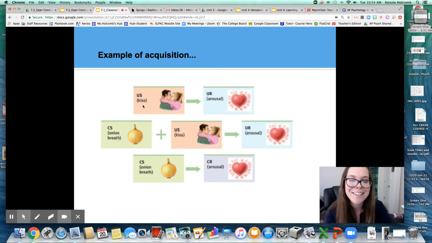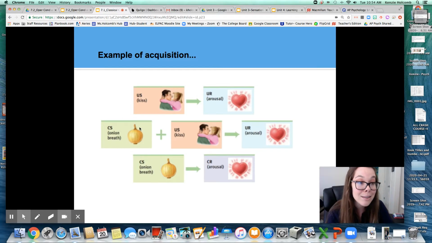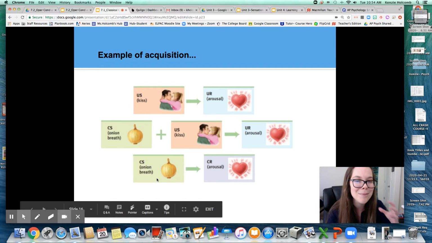But let's add in onion breath to our kiss, and there's still arousal, right? So we're connecting the neutral stimulus of the onion breath. So technically, while in the conditioning phase, this would be a neutral stimulus, right? With the unconditioned stimulus, it causes arousal, but over time, it will turn into the conditioned stimulus of onion breath, and you will have arousal.